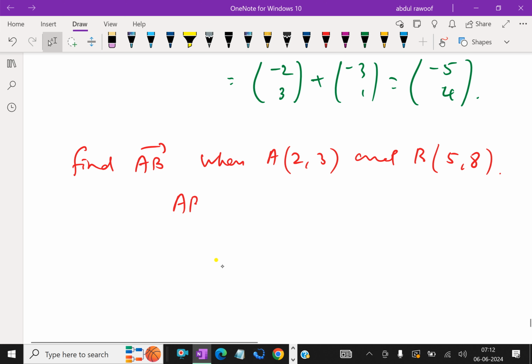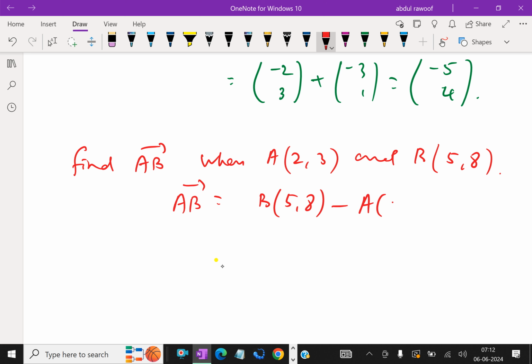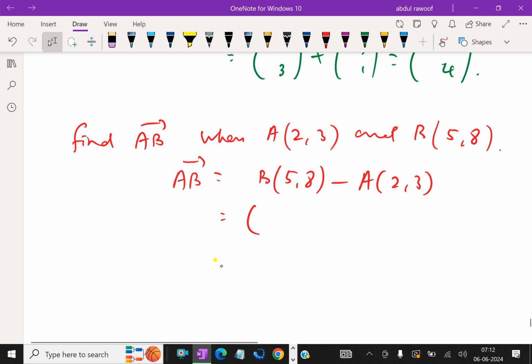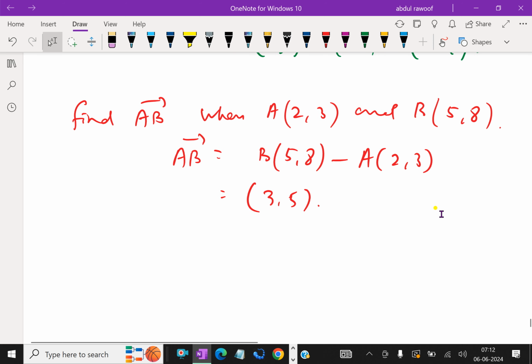Therefore, vector AB equals vector B minus vector A, which equals 5 minus 2 is 3, 8 minus 3 is 5. This is vector AB. It can also be written in vertical form.